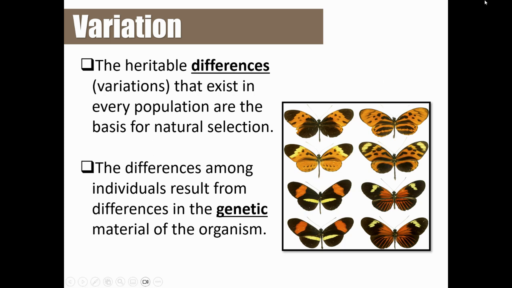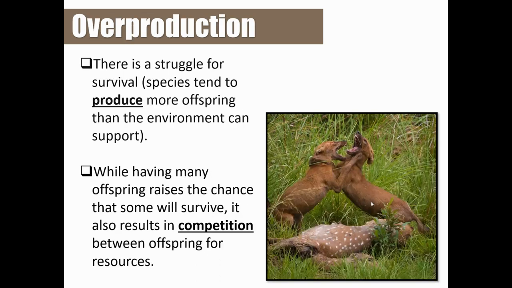You can see when you have a population here of the same species, you're going to naturally have a little variation within the population. The differences among these individuals result from differences in the genome, or the genetic makeup of the organism. Another principle of natural selection is overproduction.